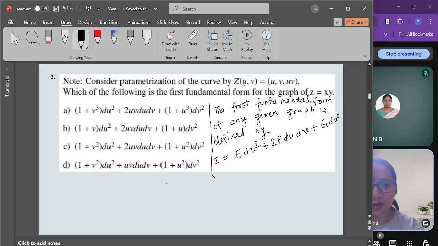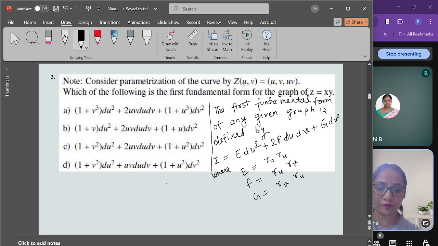Here E is Ru dot Ru, where Ru is the differentiation with respect to u, F is Ru dot Rv, and G is Rv dot Rv, where Rv is the differentiation with respect to v.